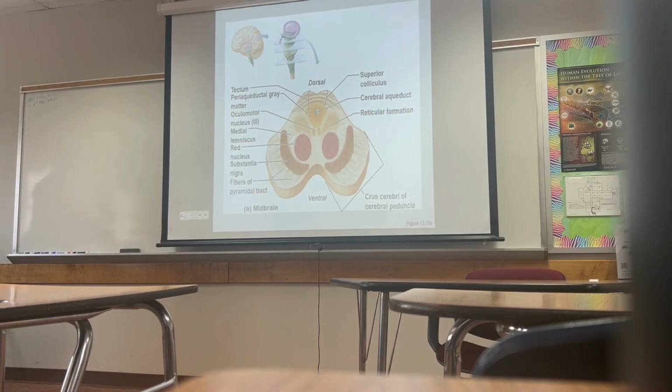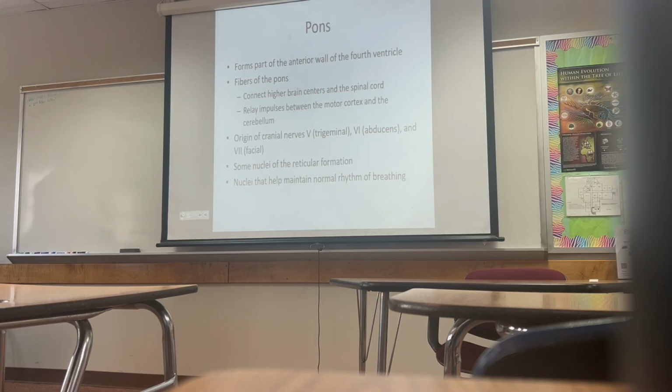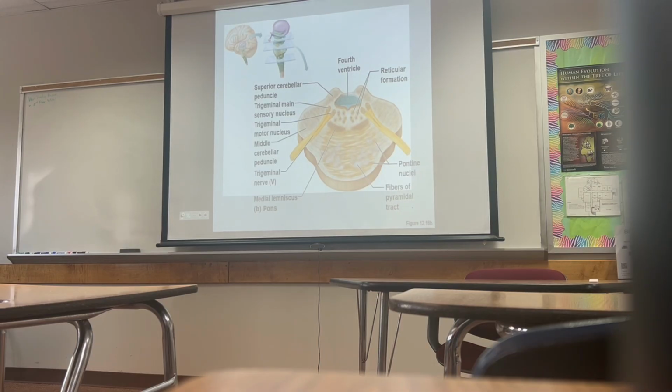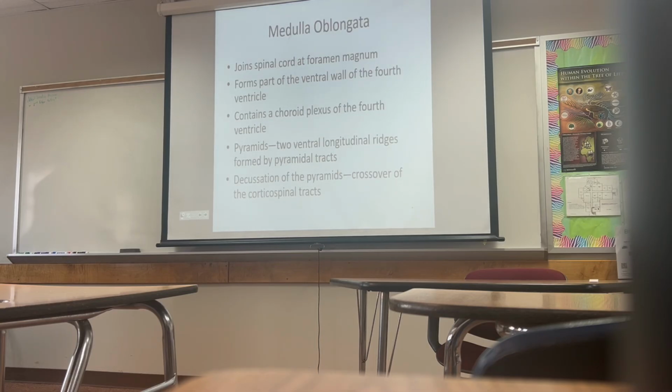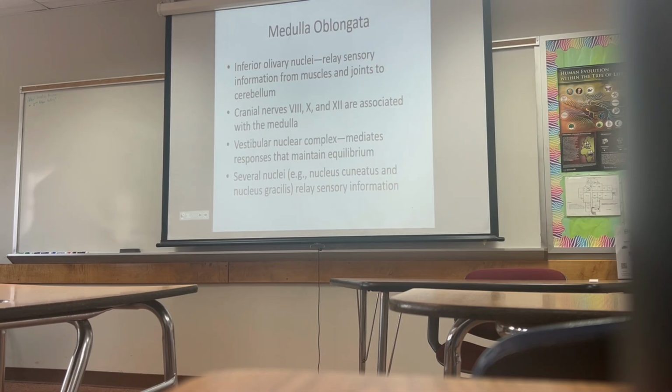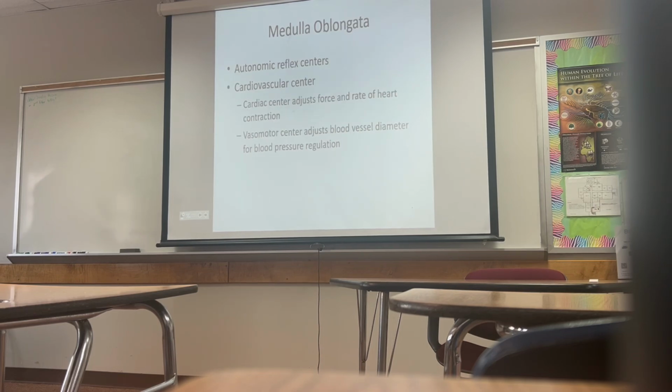All right. This shows the darker regions show cell bodies in the midbrain. Pons. All right. This shows the pons. Darker regions are cell bodies, and the medulla. And again, all the nuclei in the medulla. And in the medulla, you should kind of know this.